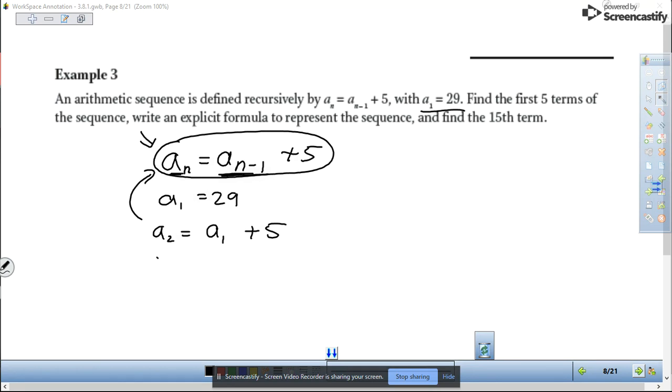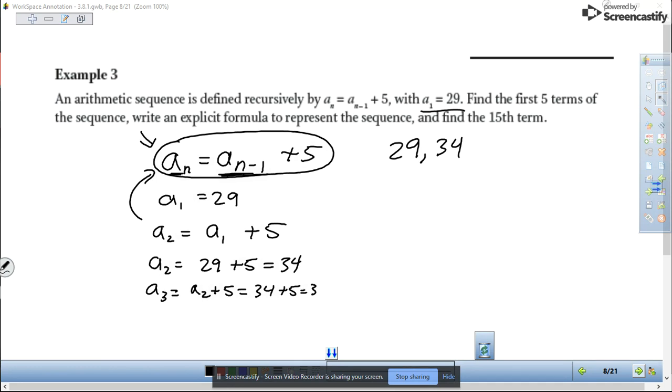All right, so when I do that, A2 would be 29 plus 5, which would be 34. All right, so 29, 34, I have A1 and A2. And then if I did A3, that would be A2 plus 5, which is 34 plus 5, which is 39.